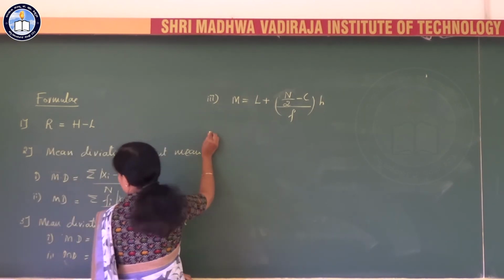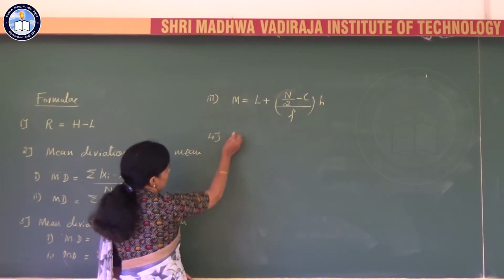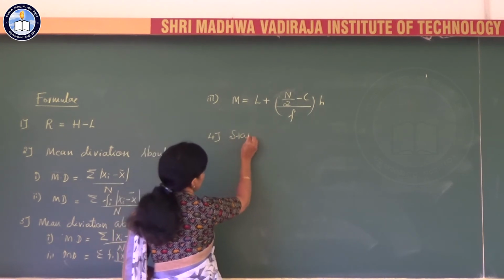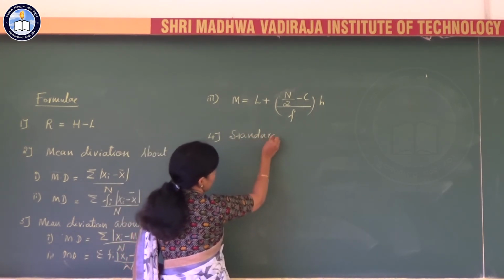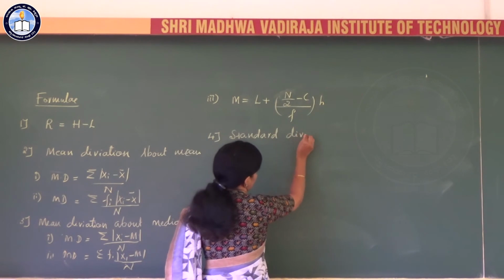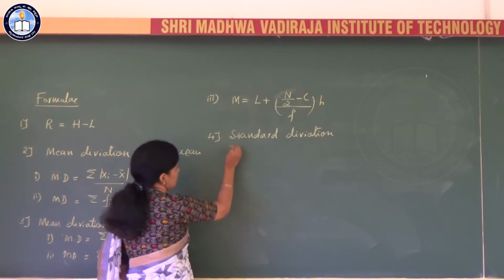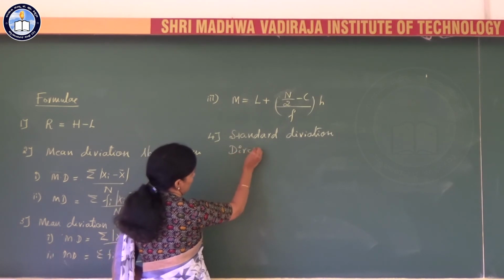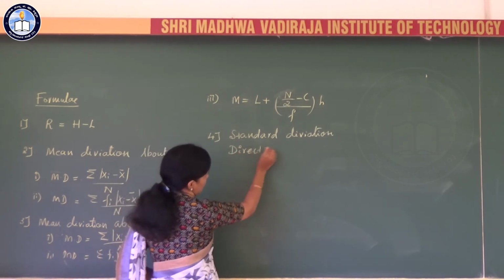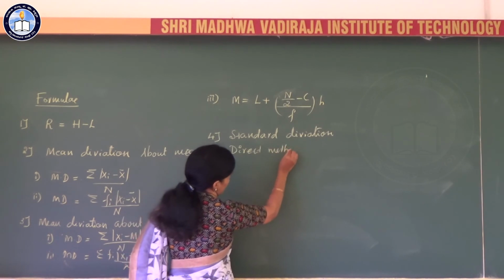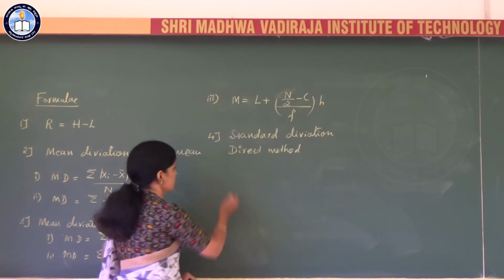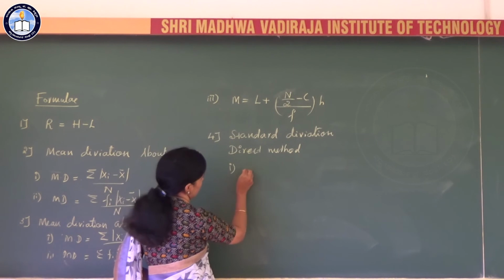So then the next concept, fourth one, is standard deviation. Is it not? So standard deviation. So direct method. I will list out the formula of direct method first. So how to find standard deviation by using the direct method for ungrouped data.